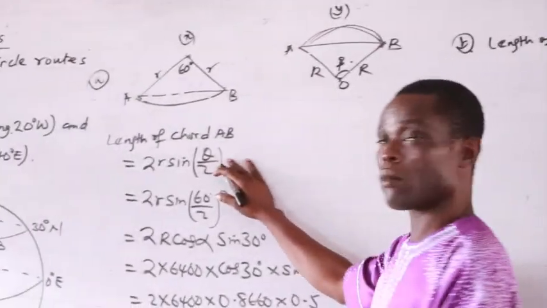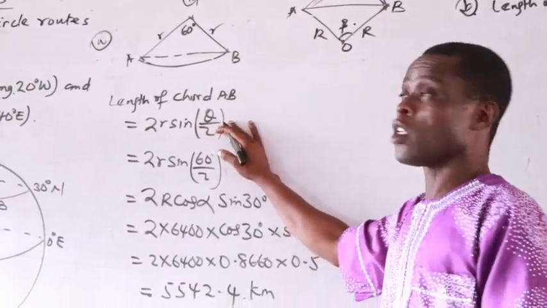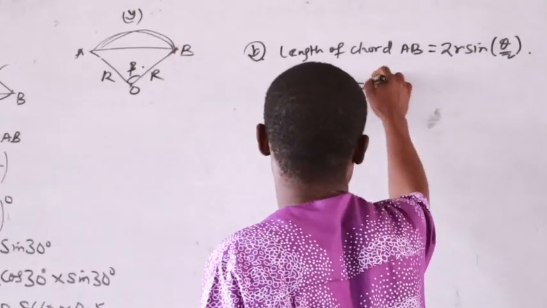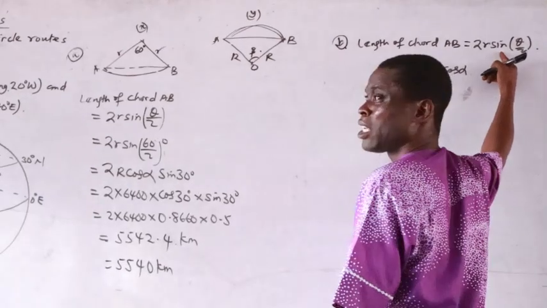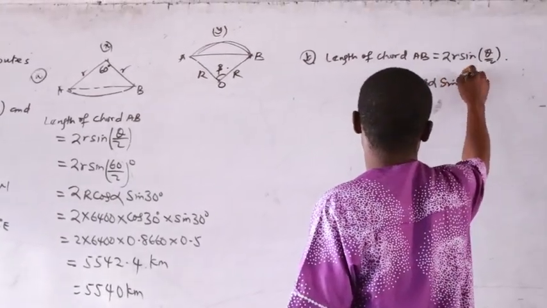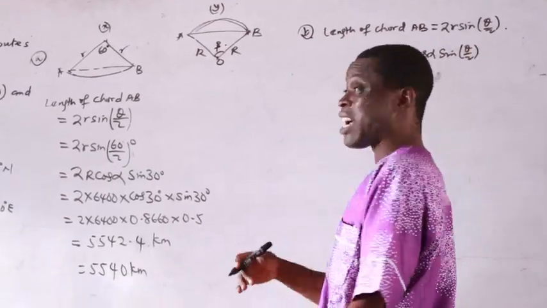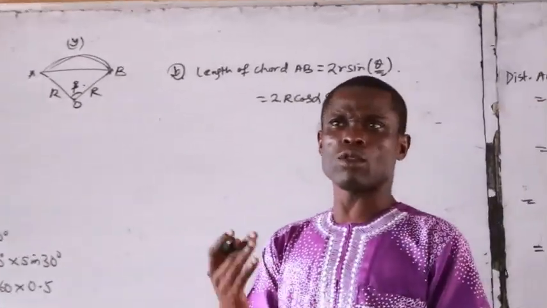We can change this to 2 big R cos alpha sine theta over 2. I know that theta is the angular difference.